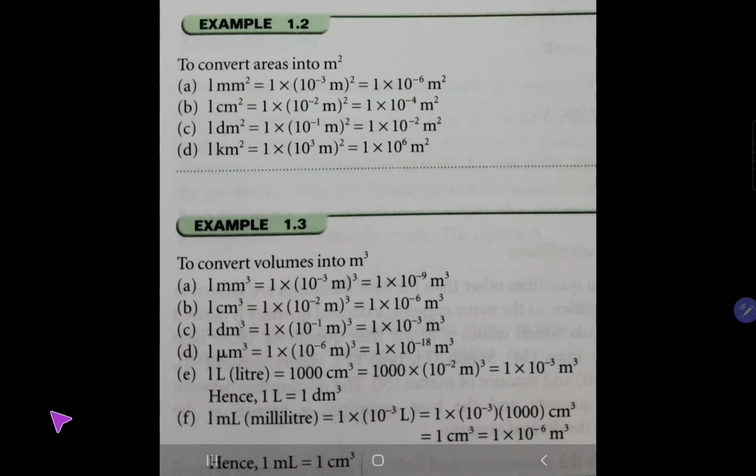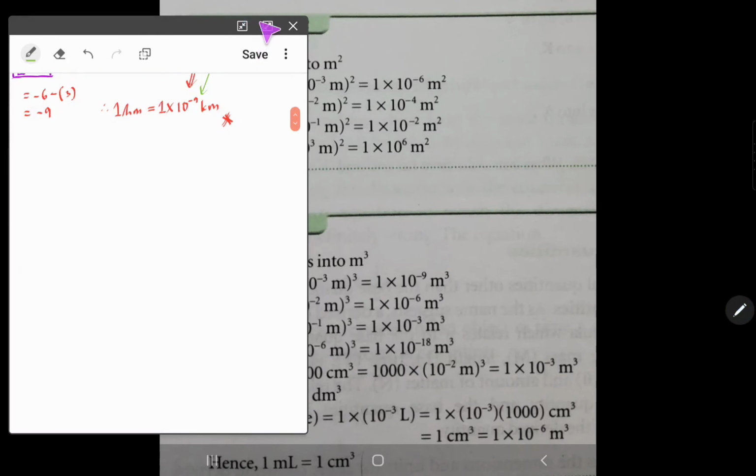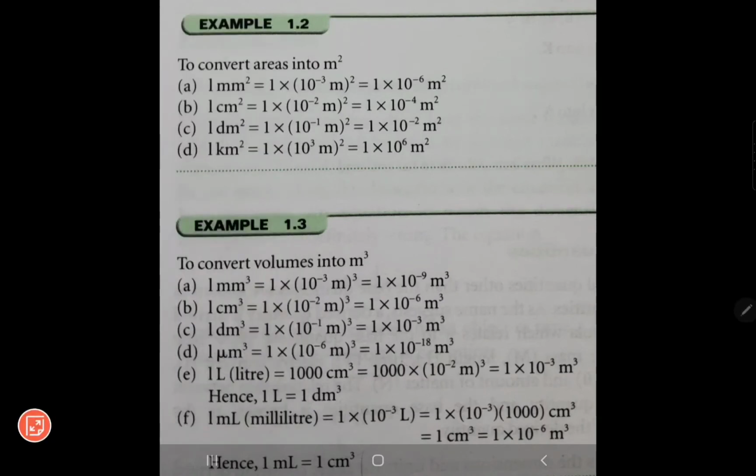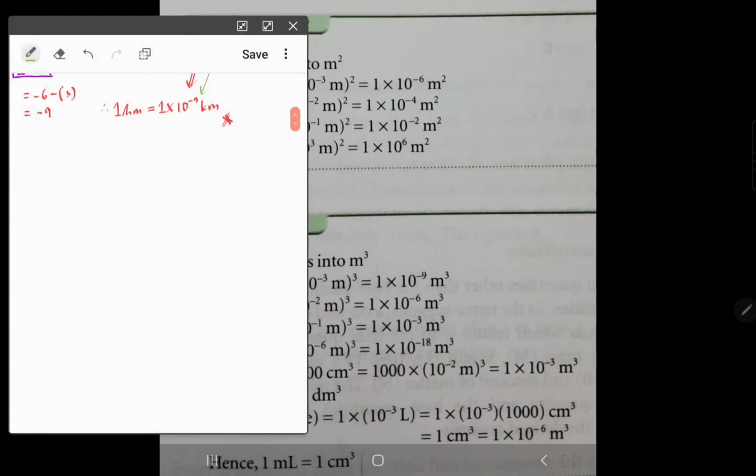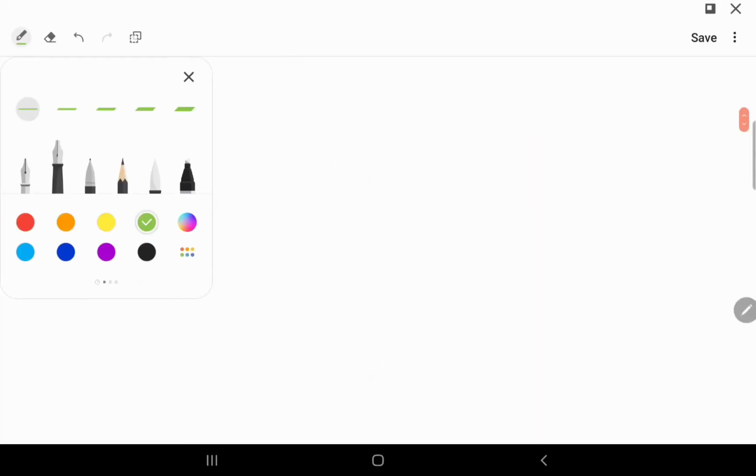Let's do it together. The unit given is centimeter squared, to be converted to meter squared. We need to change the color first. 1 centimeter squared, multiplied by, we need to cancel out centi.